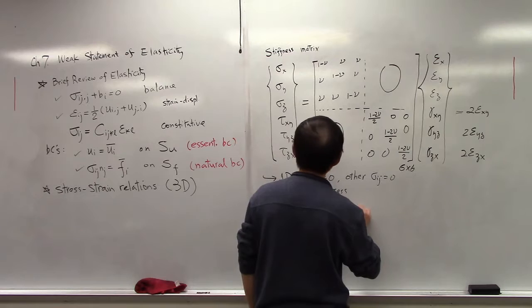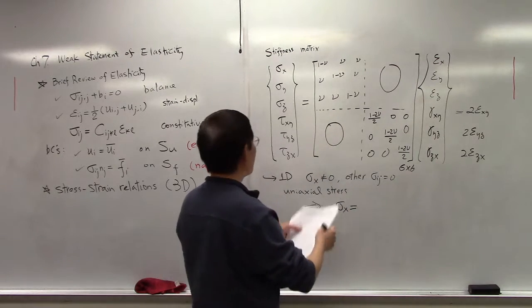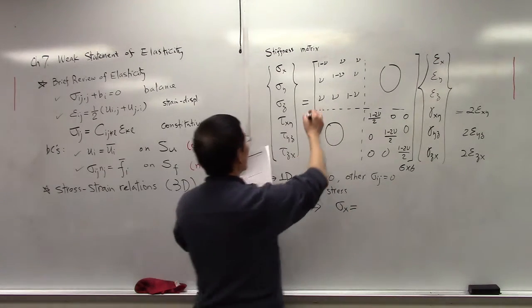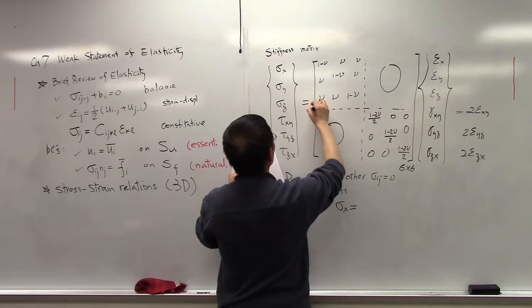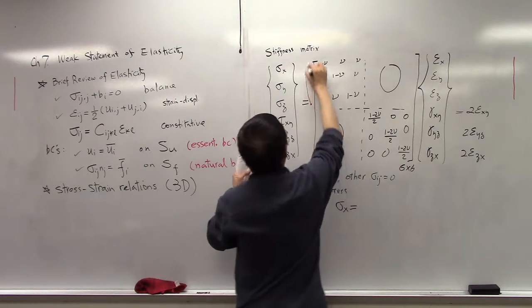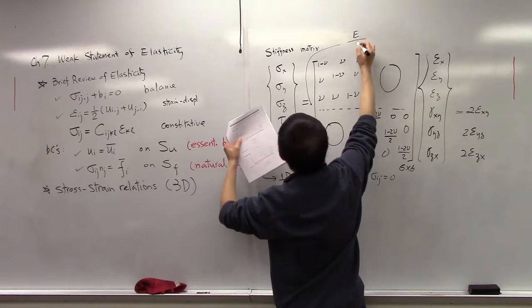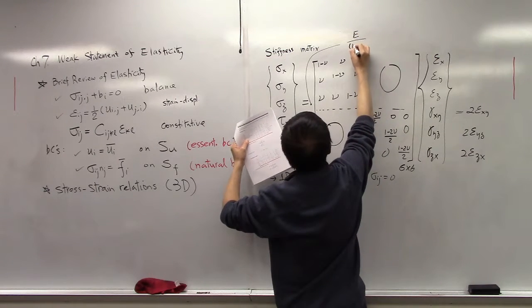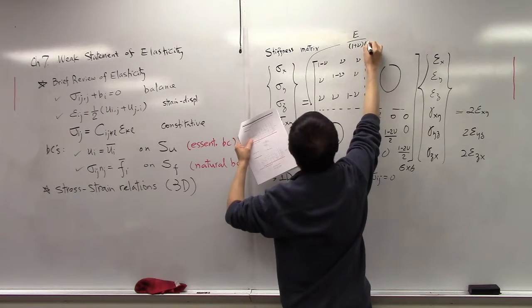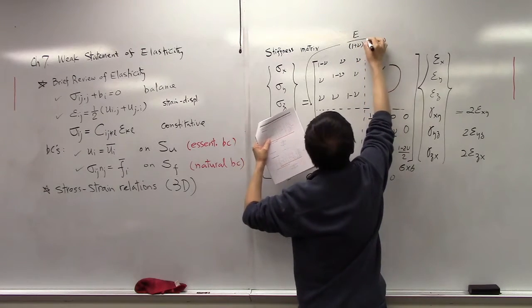Sigma x is simply, in front of that, I'm sorry, I missed a huge thing here. There should be a factor E over (1 plus nu)(1 minus 2 nu) here. Okay?